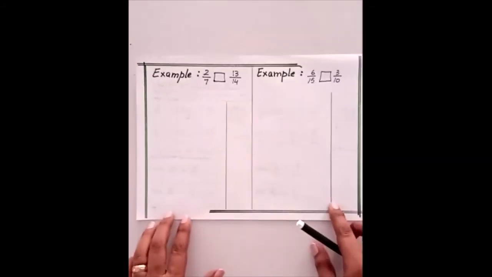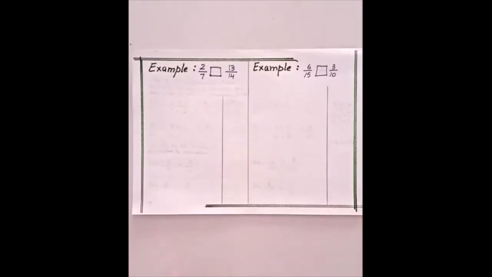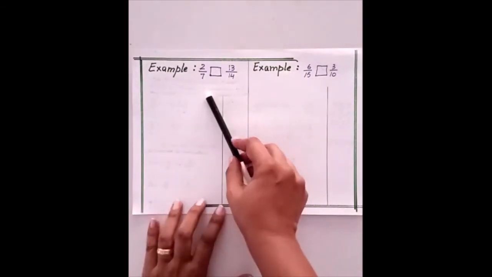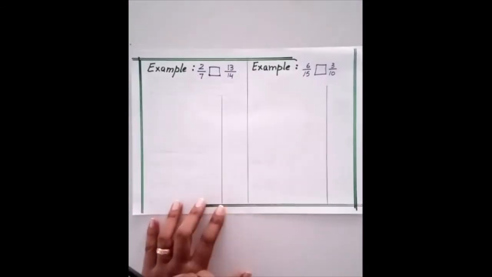And the next is the example over here. This is the example of a question. How would you know whether 2 upon 7 is greater than 13 upon 14 or less than 13 upon 14?